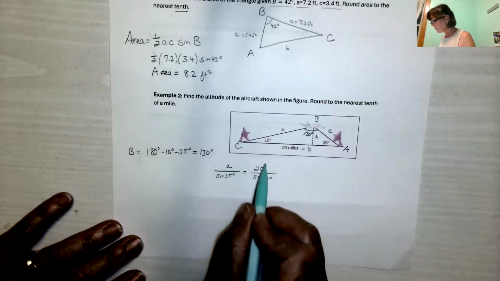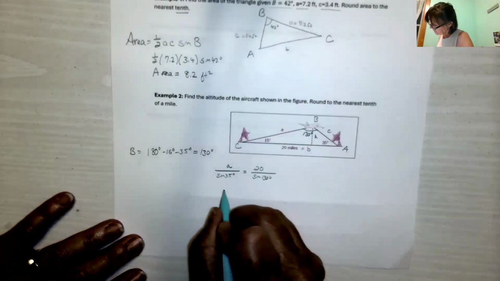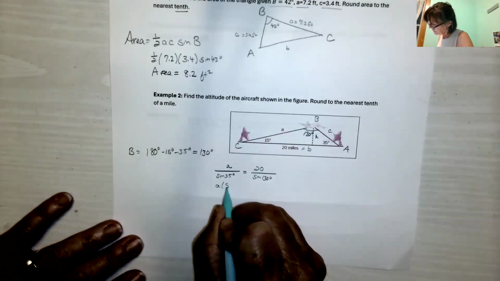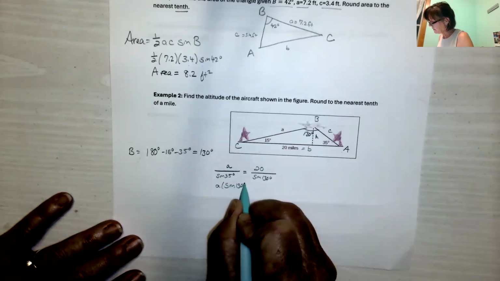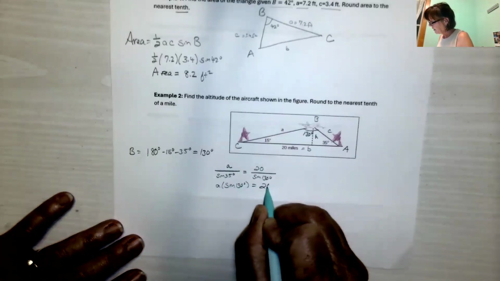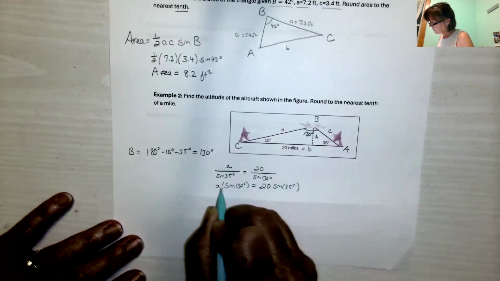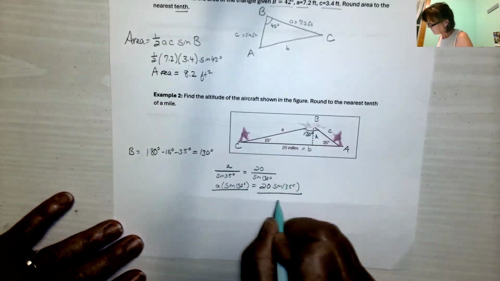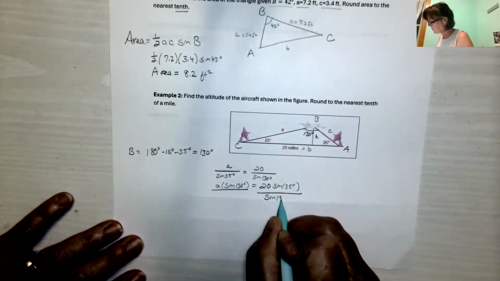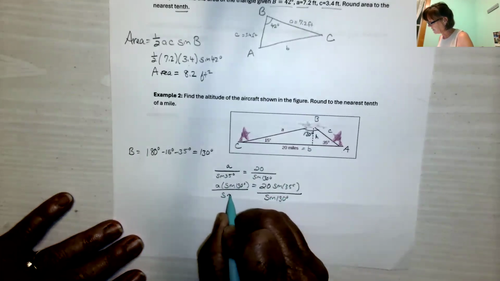And I can cross multiply here, and I'll get a times the sine of 130 is equal to 20 times the sine of 35 degrees. If I'm solving for A, I'll divide both sides by the sine of 130 degrees.